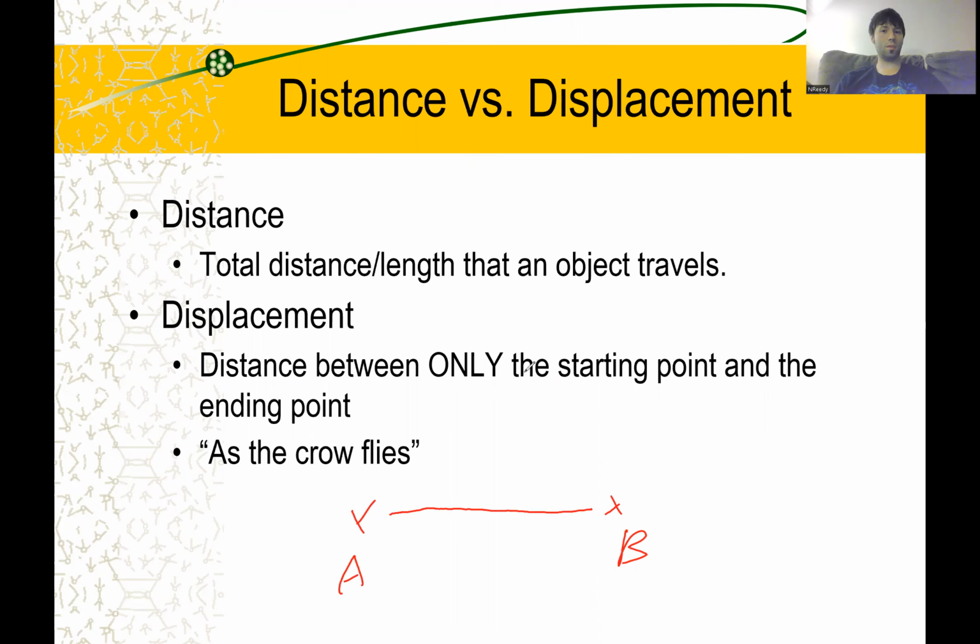Your distance and displacement, can you guys guess? Your distance and displacement would be the same. So the distance would be the length along this line, and displacement would be the same. So if you walk this or drive or whatever, the shortest path between two points, your distance and displacement would be the same. That'll come up a little bit later here.